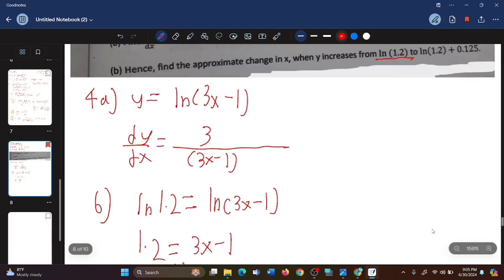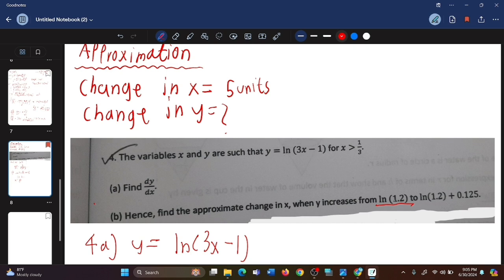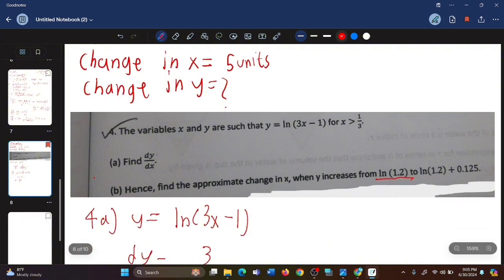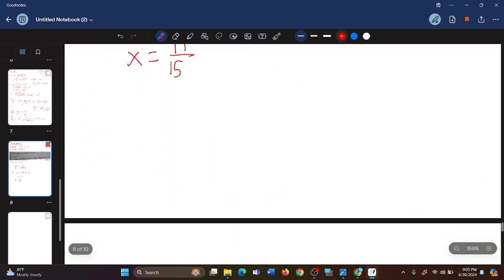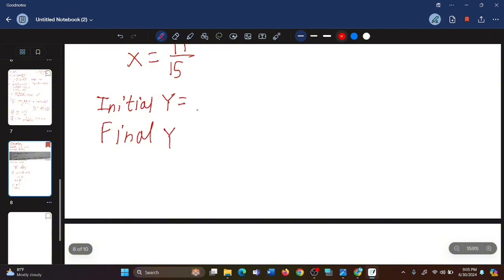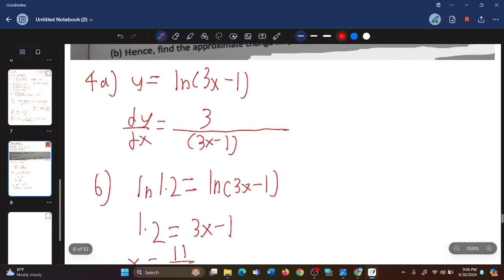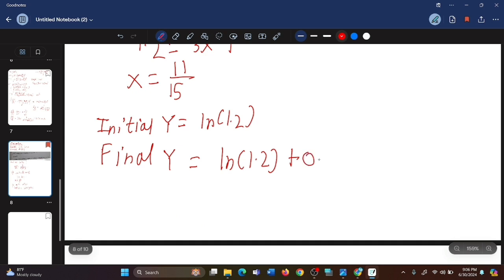So now when we are told y increases from this to that, and we are asked to find the change in x, the initial y was ln 1.2 and the final y is ln 1.2 plus 0.125.